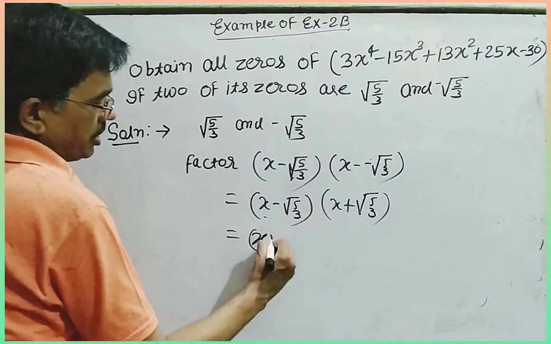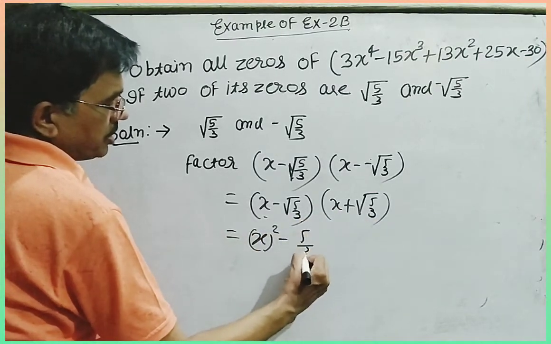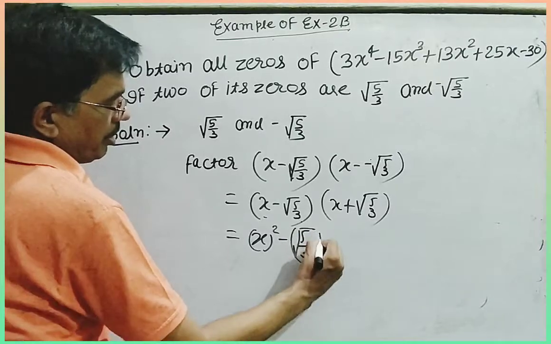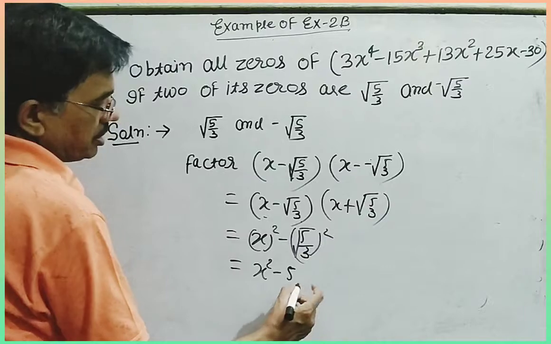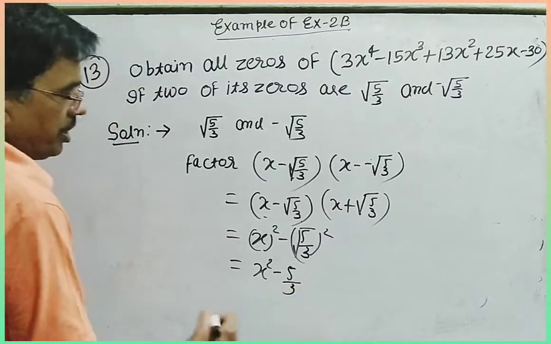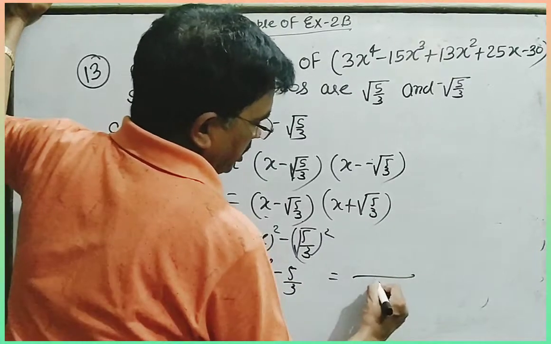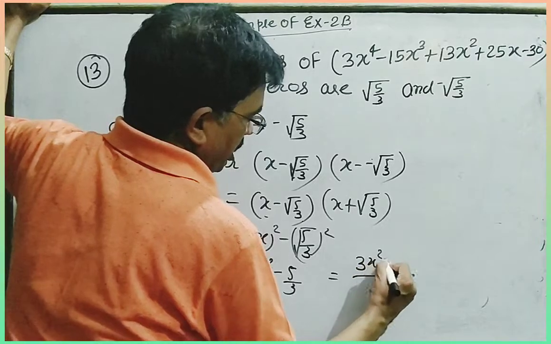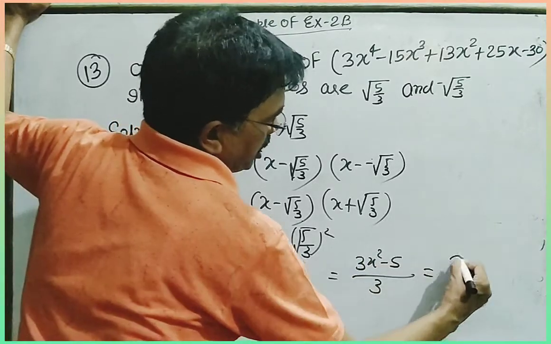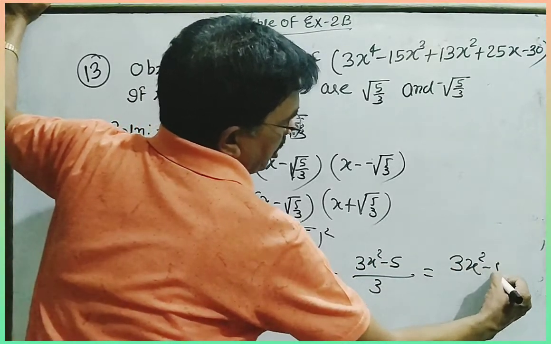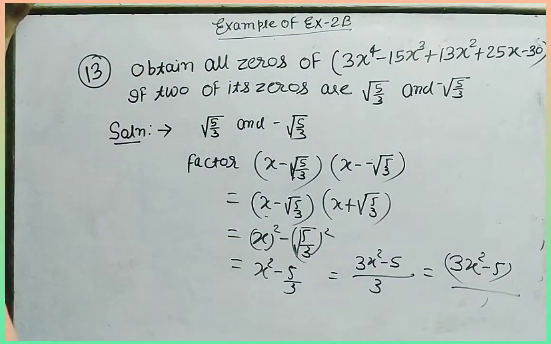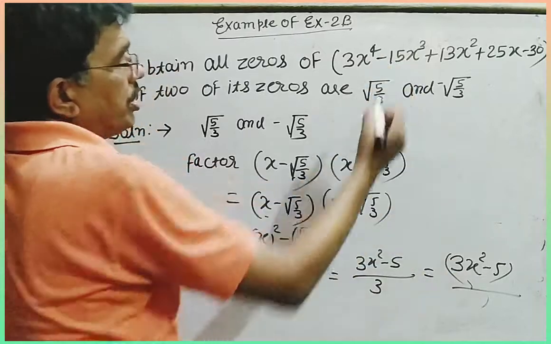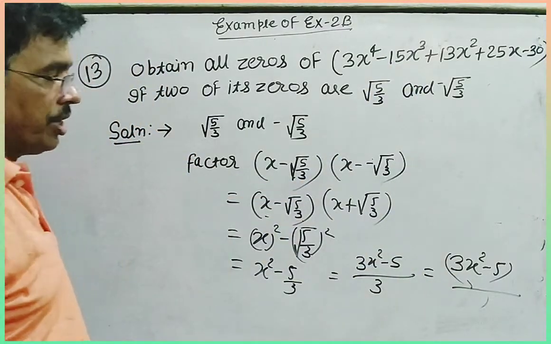Then it is a square minus b square, so x square minus 5 by 3. But take LCM, that is 3. Then it is 3x square minus 5. This is the polynomial. Now your work, if you divide the given polynomial by this polynomial, then you get your quotient and hence factorize it.